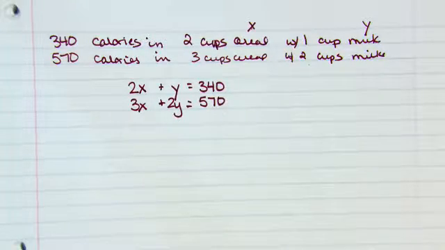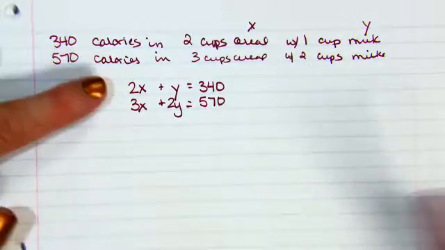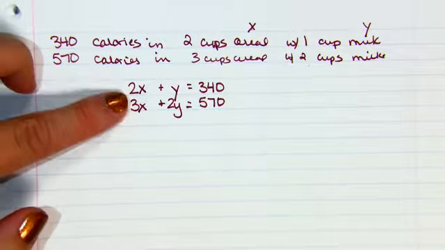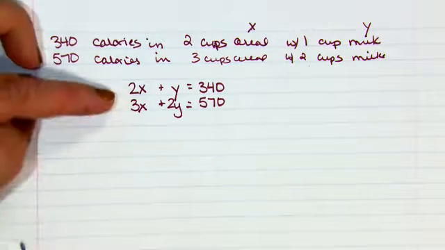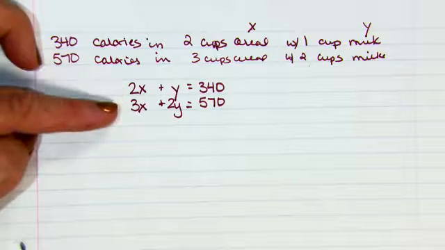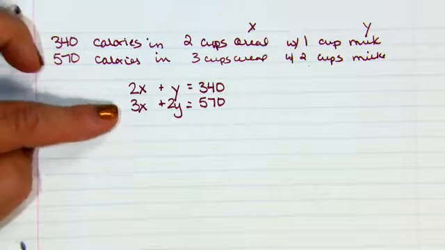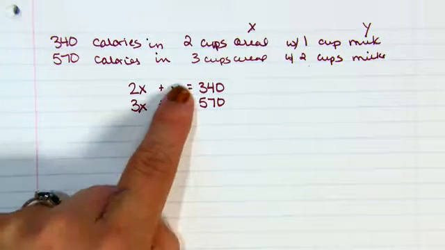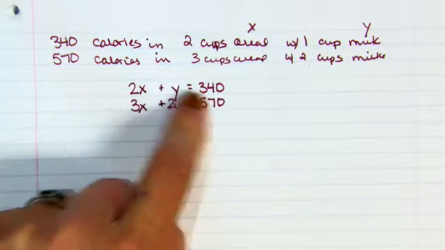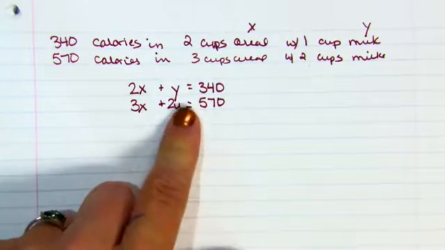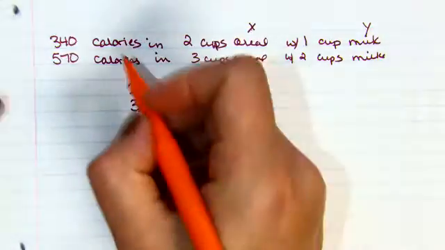And what I need to do is eliminate a variable. I can either eliminate x's by using a coefficient of 6, so I'd multiply the top equation by 3, the bottom equation by 2, or even easier, if I have 2y and just y, if I multiply the top equation by 2, I'll be able to eliminate that y pretty easily.